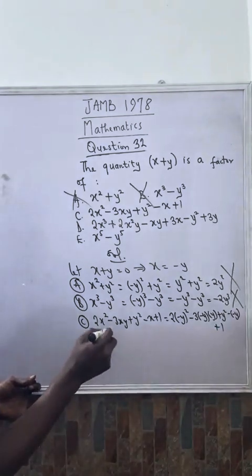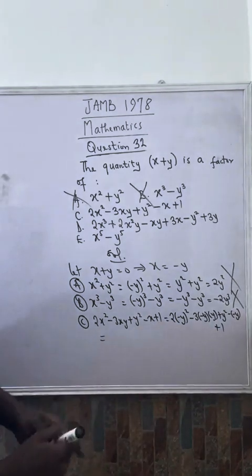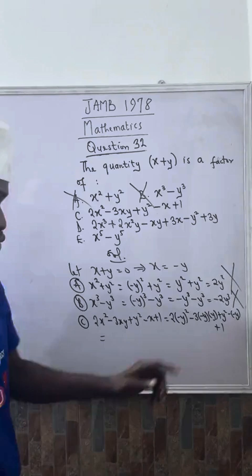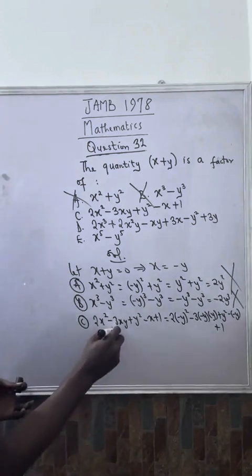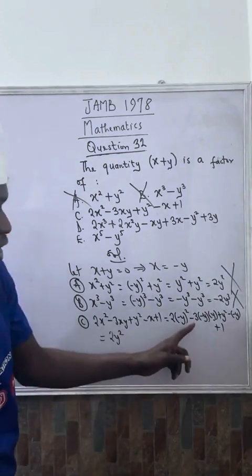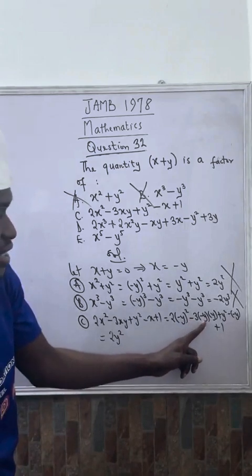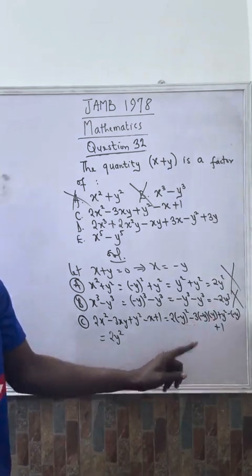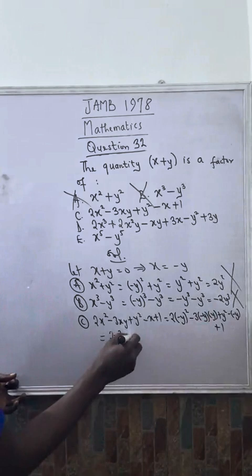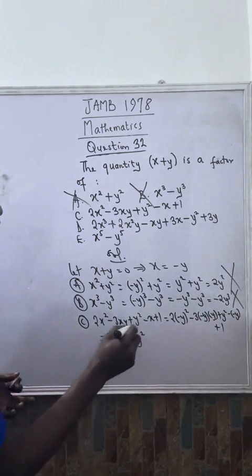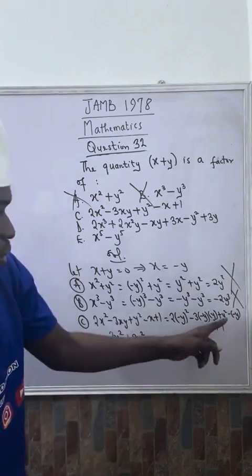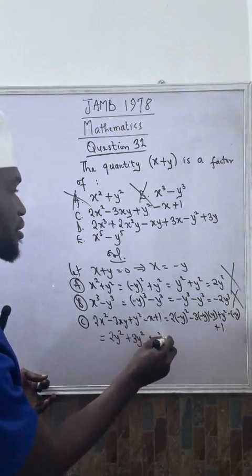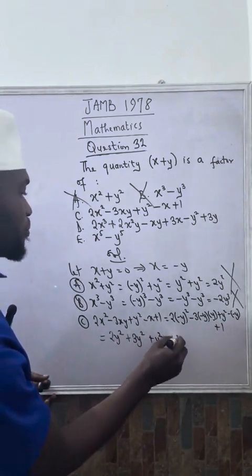Let's simplify this further. Negative y squared will give me positive y squared times 2, which will give me 2y squared. Now, this is negative y times y, that will give me negative y squared, but times negative 3, that will give me positive 3y squared. Now, here we have plus y squared plus y plus 1.